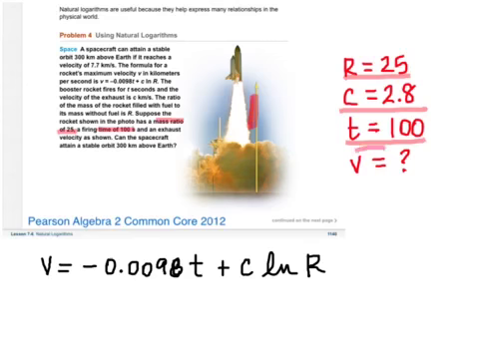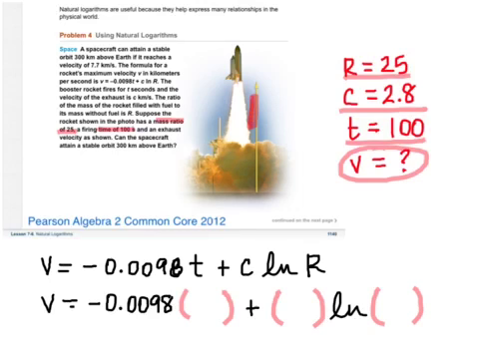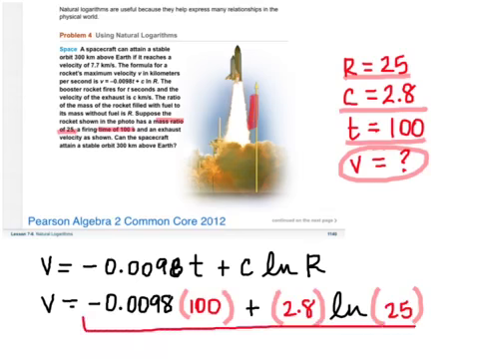What we don't know is v, so let's use the formula they give us to find v. Filling in the values in the appropriate spaces, we have the t, the c, and the r, and then we can put that straight into the calculator just like it looks and see what we get.